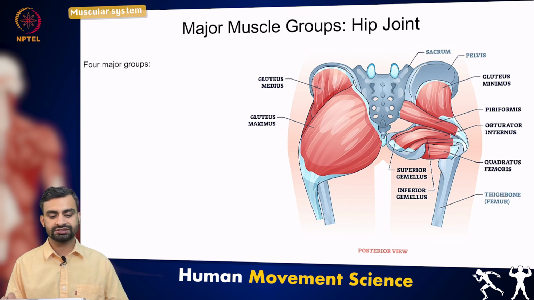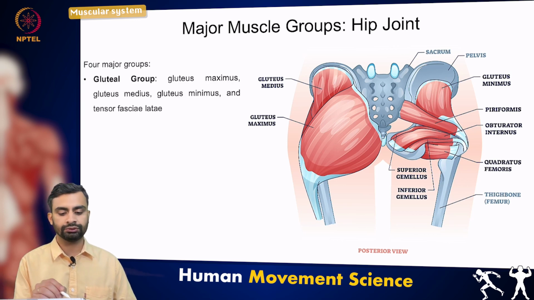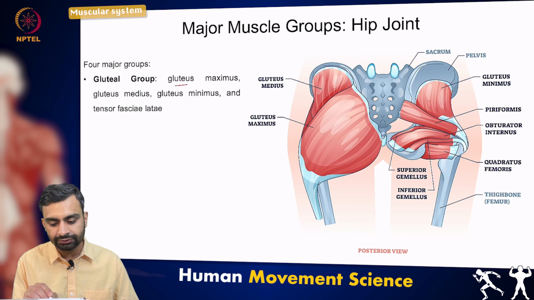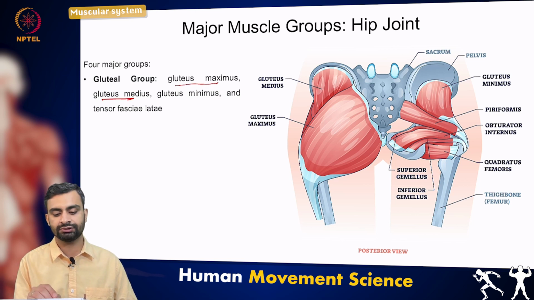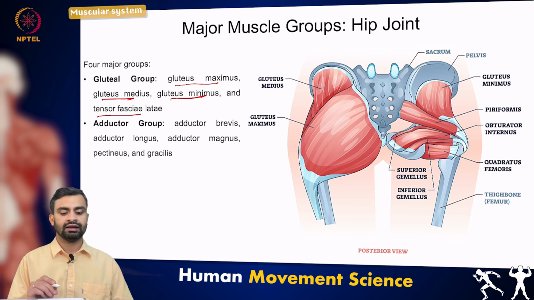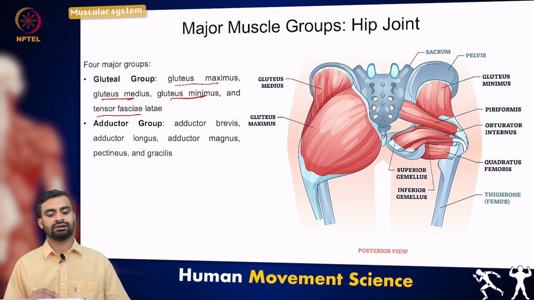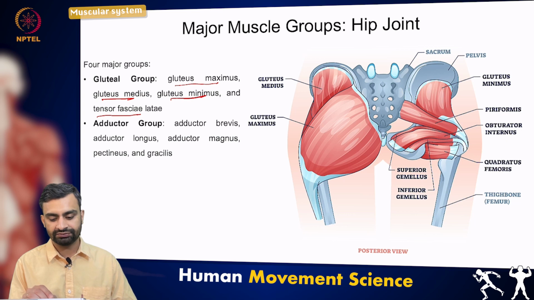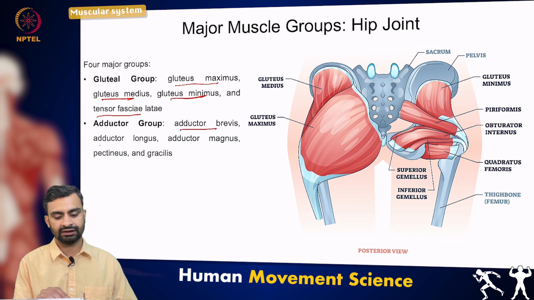The hip joint has 4 major muscle groups. The gluteal group consists of gluteus maximus, gluteus medius, gluteus minimus, and tensor fascia latae. The second group is the adductor group, which consists of adductor brevis, adductor longus, adductor magnus, pectineus, and gracilis.